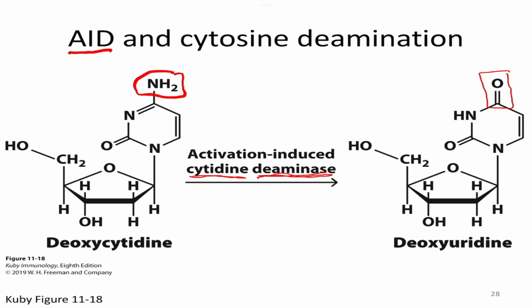And so this is a little bit of a problem. This should ring some alarm bells for you. Why is it a problem that AID is deaminating these cytidines into deoxyuridine or uracil? Calling it deoxyuridine kind of helps give you a hint.